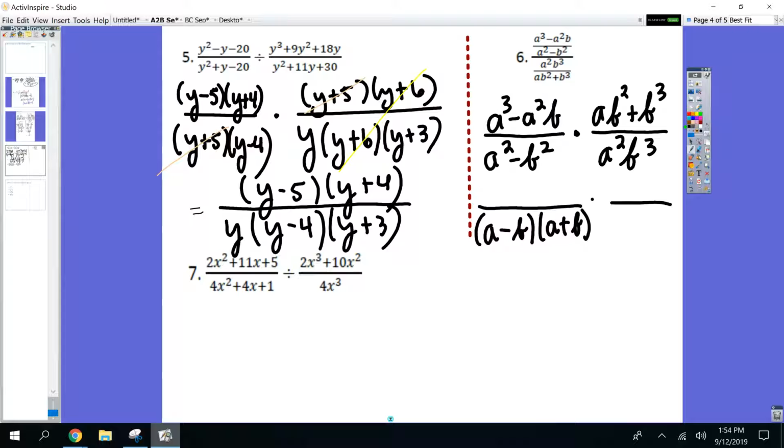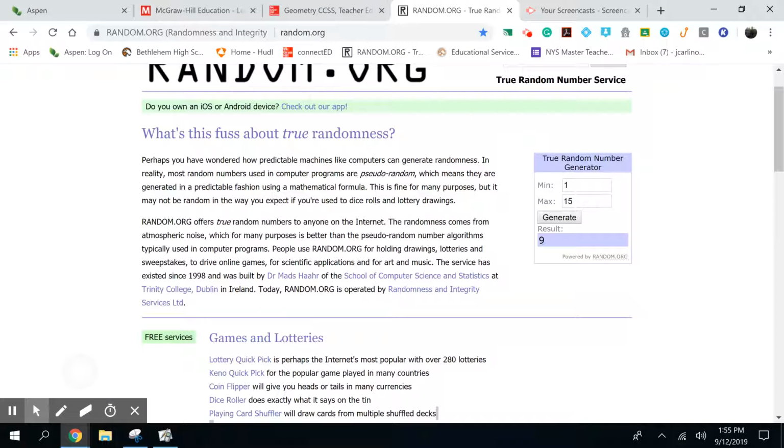You can take out 2a? A squared. On the top left, okay, yep. Take out an a squared, and what are you left with? You're left with a squared and then a minus b. One more you can factor. Anybody?